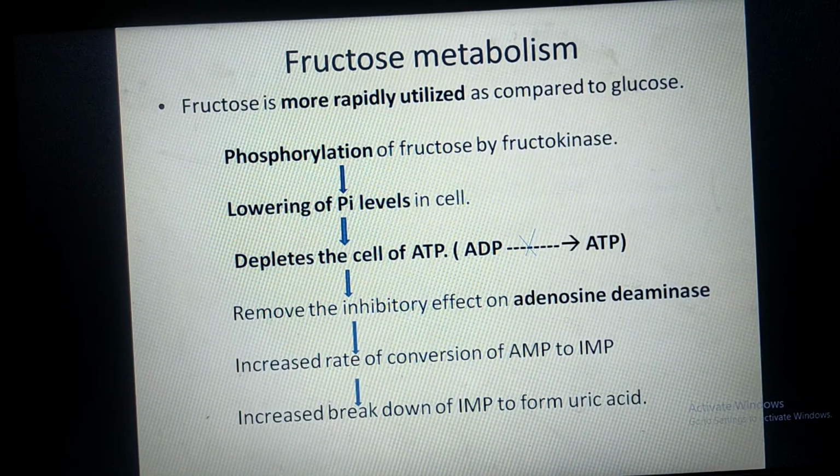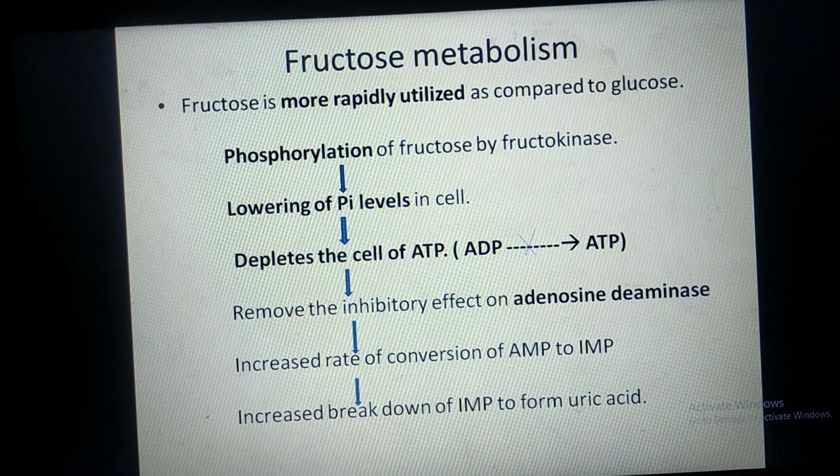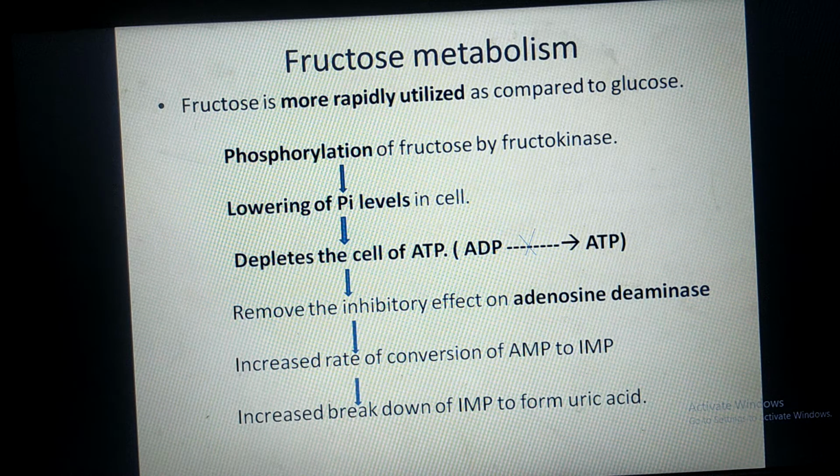So this is the summary. Rapid utilization of fructose leads to more rapid formation of fructose 1-phosphate from fructose. Therefore, the inorganic phosphate level inside the cell decreases. Hence, conversion of ADP to ATP gets slowed down.